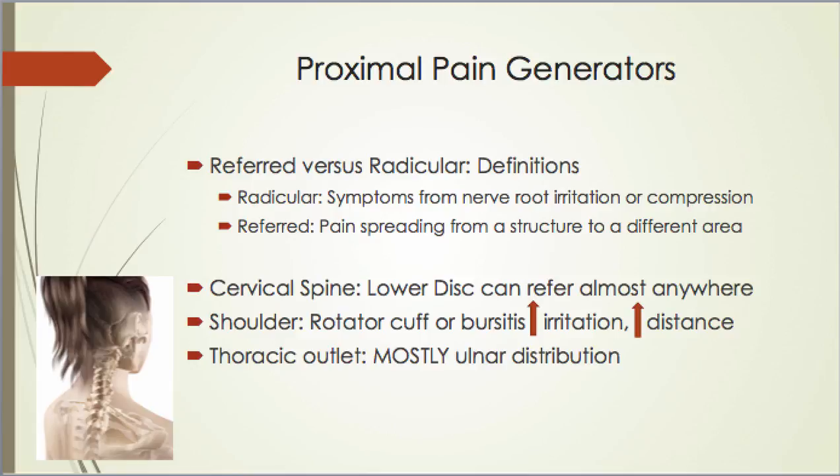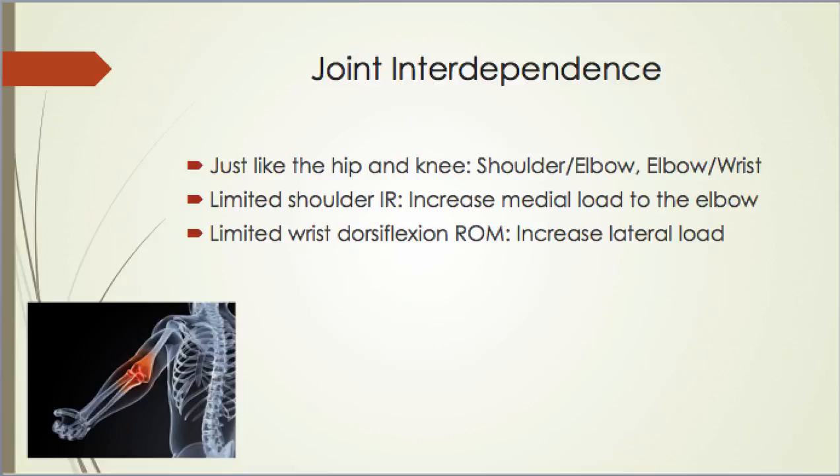So people will wake up with symptoms on the ulnar distribution of the arm and hand. They don't have any sensory changes that are objective. They don't have any weakness. They just have pain. And they get up, shake it out, and it gets better. So hopefully you'll learn more about that in musculoskeletal.